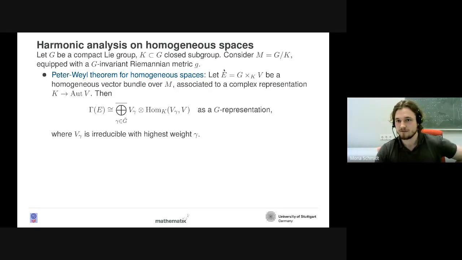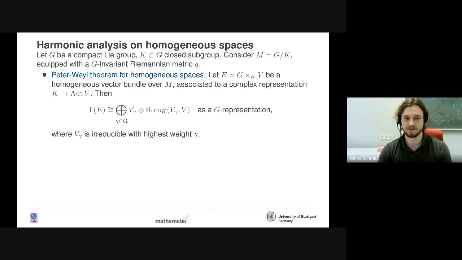If we have some homogeneous vector bundle, say for example the tangent bundle or some tensor bundle that's associated to a complex representation, then we can take the sections in this bundle, and we have the left regular representation of G on the space of sections, and this decomposes into irreducible summands as follows.